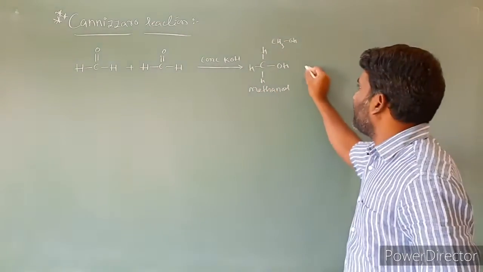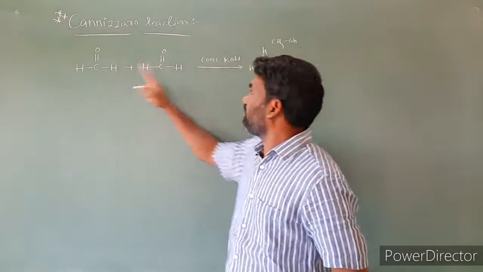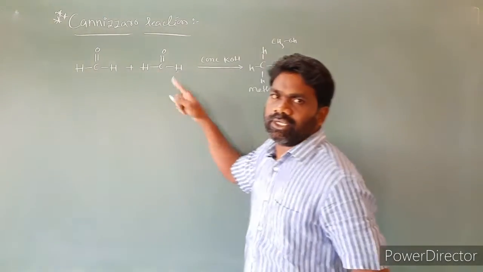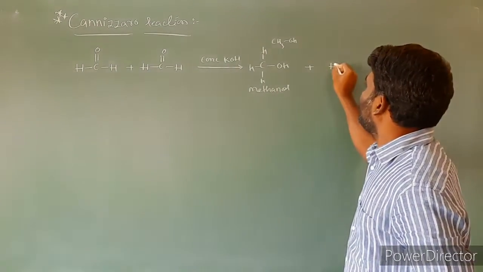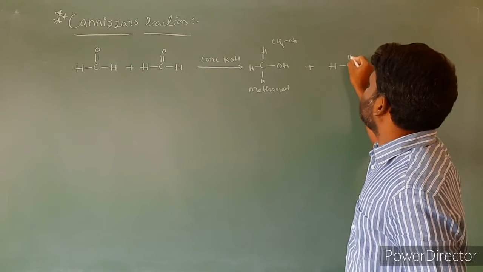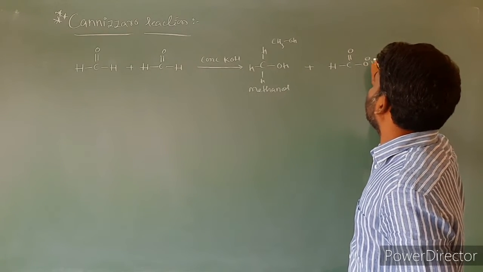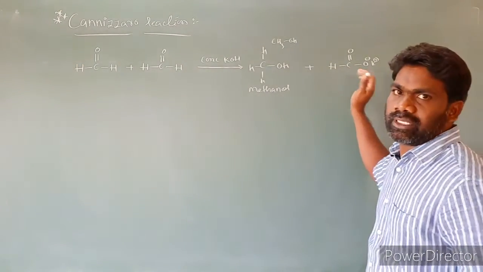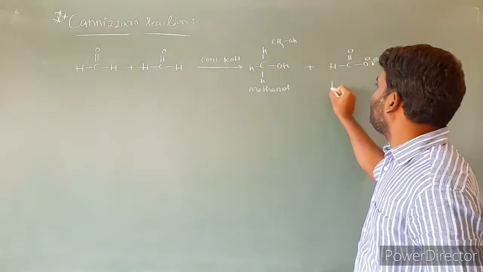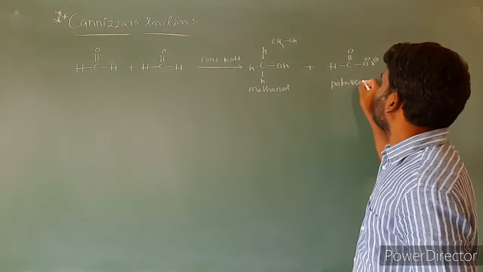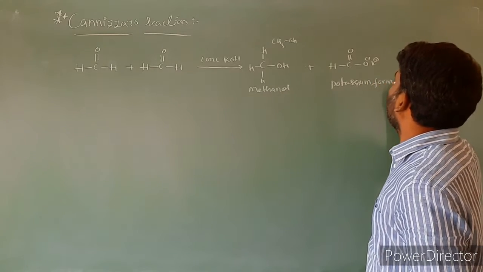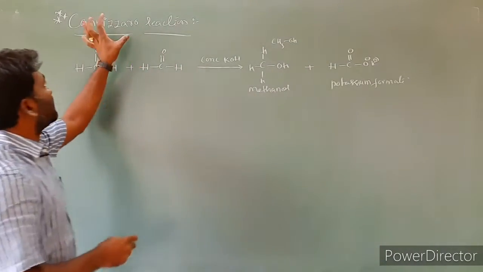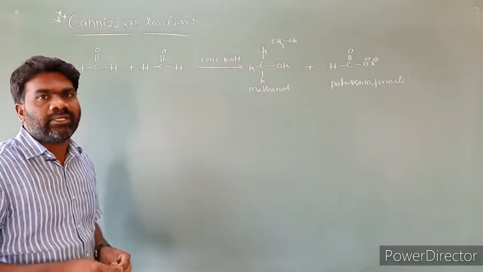Another aldehyde molecule converts into carboxylic acid salt: H, C double bond O, O minus K plus, the potassium salt of carboxylic acid, nothing but potassium formate. Potassium formate is formed. This reaction is known as the Cannizzaro reaction.